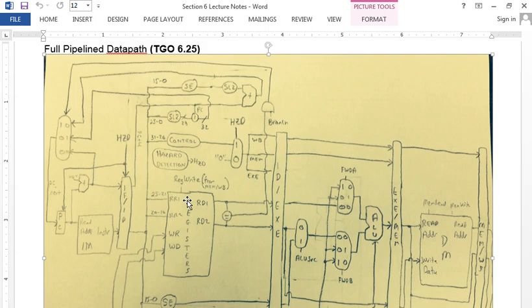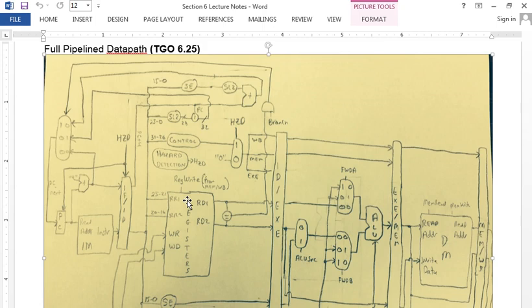And here, this last multiplexer, I should say 0, 0 is what happens when branch is 0 and jump is 0. 0 to 1 is what happens when branch is 1. And 1, 0 is what happens when jump is 1. 0, 0 is branch is 0, jump is 0.